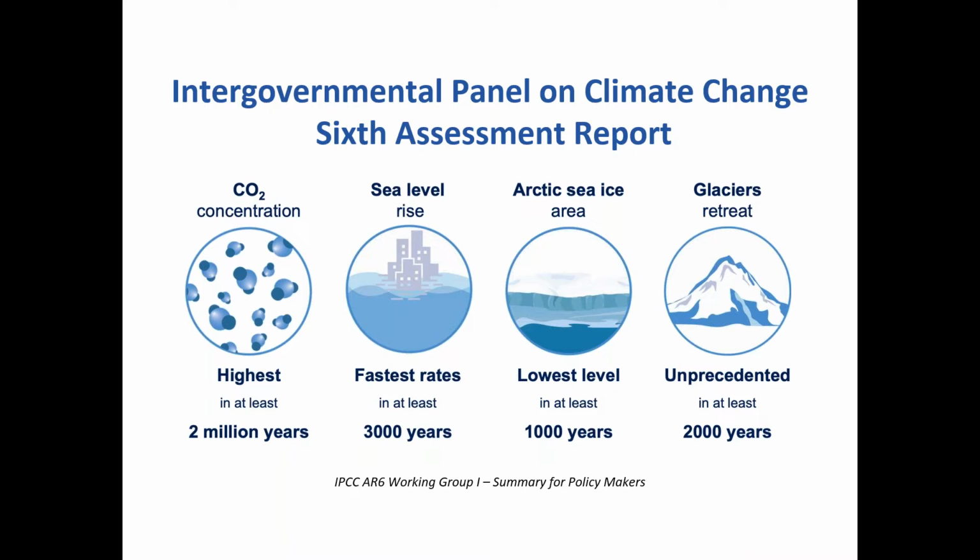Sea level has been pretty steady before that, which is where we've kind of built right up along the coast because we've assumed that sea level is going to stay static. And it really has started to change. Arctic sea ice is the lowest in 1,000 years, and then glaciers, we've seen unprecedented retreat more than in the last 2,000 years.